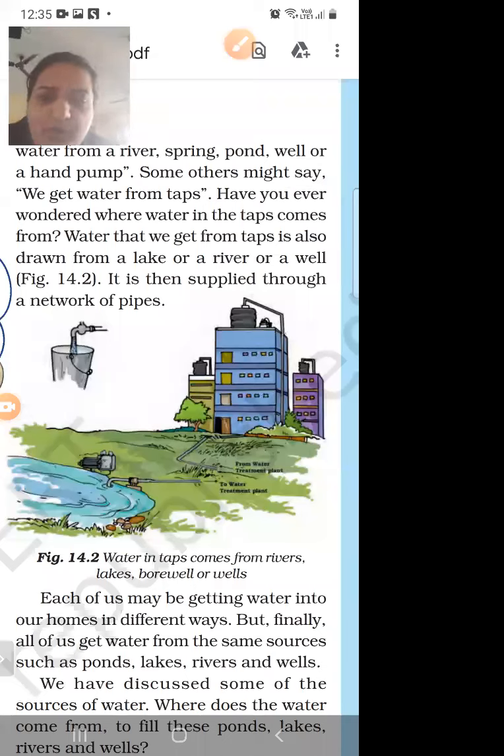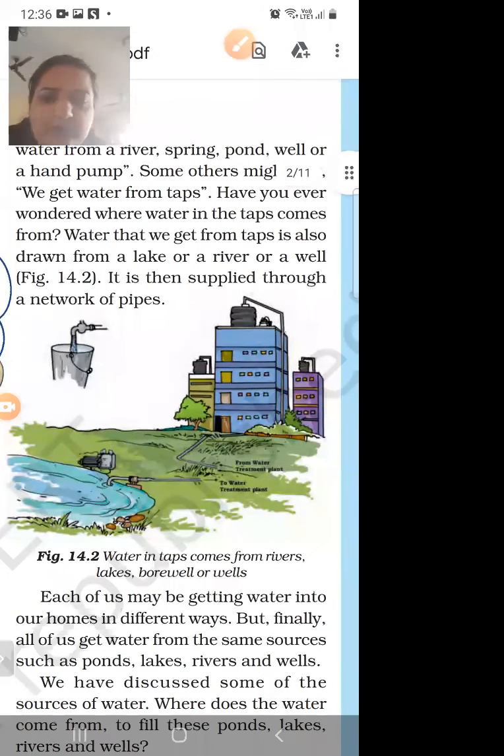Each of us may be getting water into our homes in a different way, but finally, all of us get water from the same source, such as ponds, lakes, rivers and wells. हमारे घर में पानी आने का अलग अलग तरीका हो सकता है, but वो सेम ही सोर्स से आता है. या तो वो पॉन्ड से आएगा या लेक से या रिवर से या वेल से.